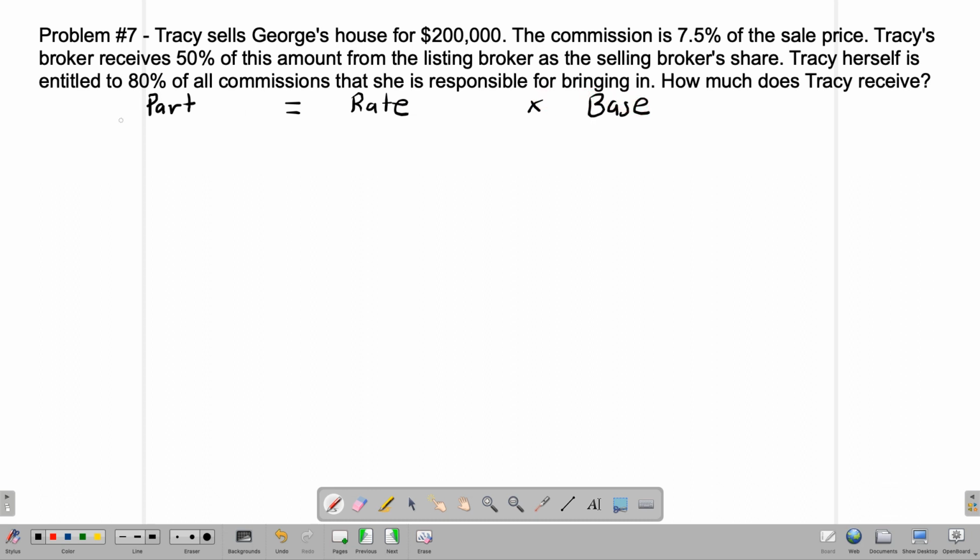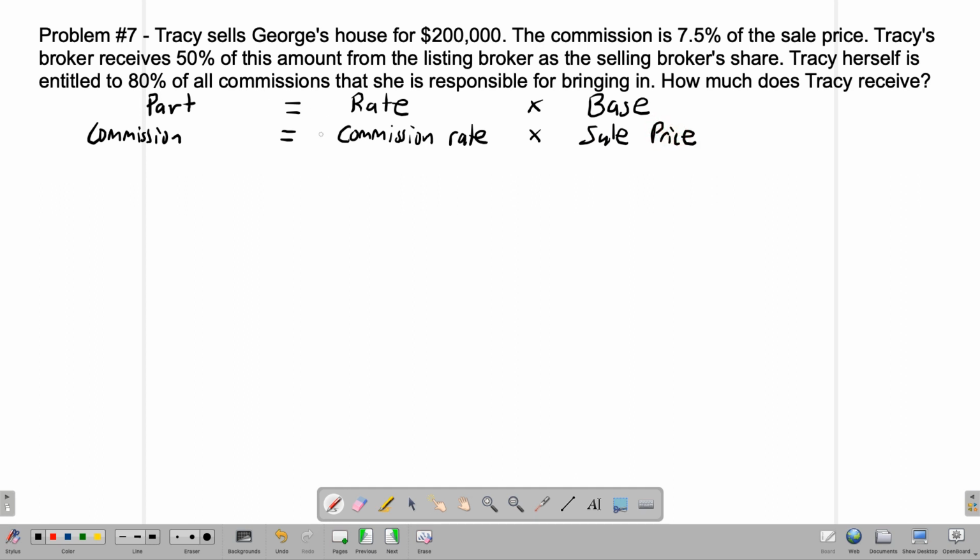All right, so part 1. We want to determine the commission. The commission rate is represented here, and then the base is going to be the sales price.